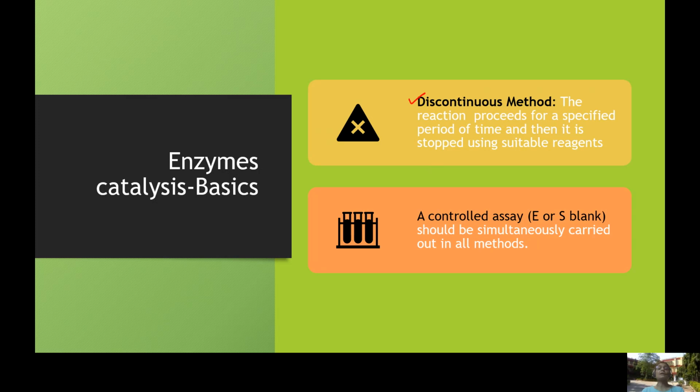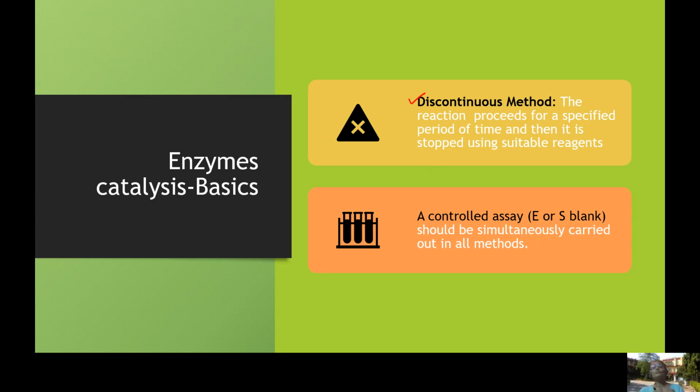Like I told you, for protein, it is very important for any biological assay that you do a controlled assay. A control in the last experiment that we did was substrate blank, and normally in the enzyme catalyzed reaction, we take control as the enzyme blank. So your control solution will have all the reacting species except for the enzyme.